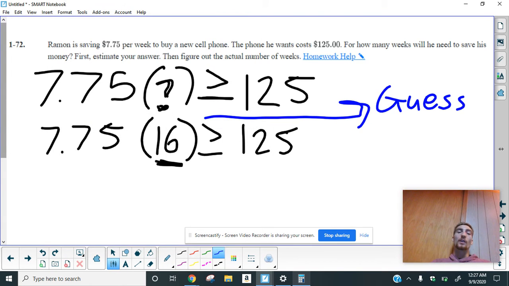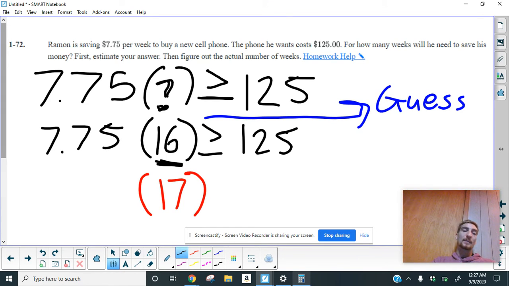But not all hope is lost. We now have a better idea of how many weeks we need to work. I'm going to work one more week than what I had originally thought, because that'll definitely put us over the top. So now I'm going to do 7.75 multiplied by 17.